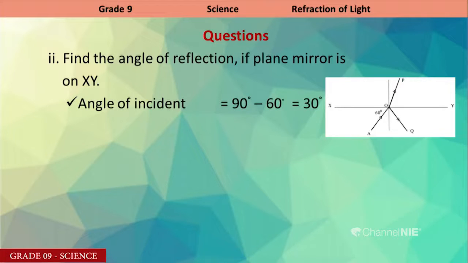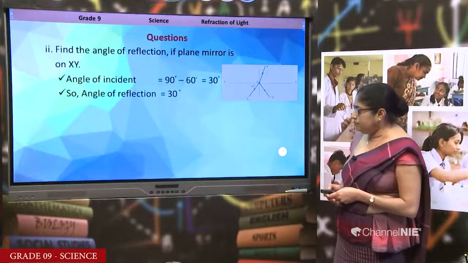So, by subtracting 60 from 90, you will get the angle of incidence as 30 degrees. So, the angle of reflection is also 30 degrees, that is this angle. This is because the laws of reflection say that the angle of incidence is always equal to the angle of reflection.